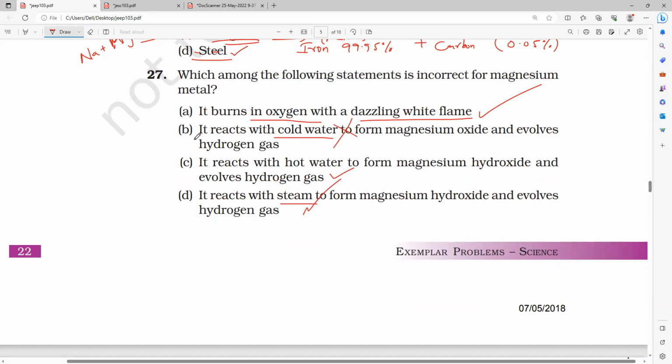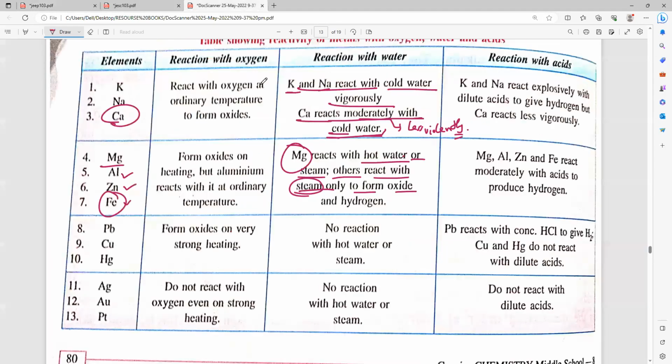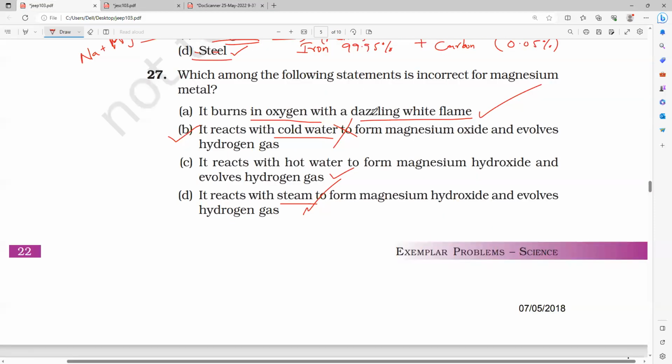Cold water. Magnesium reacts only with hot water and steam, but not with cold water. So what is the correct option? Option B is the incorrect statement, so please make it. It says it reacts with cold water to form magnesium oxide and evolves hydrogen gas. This is wrong because magnesium will never react with cold water. Only it will react with hot water as well as steam.